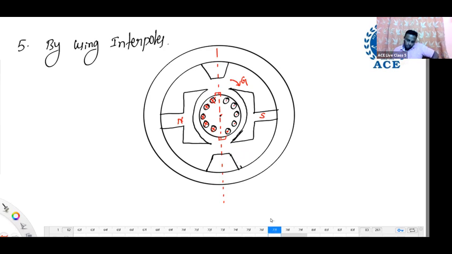Yes, very good. That is connected through commutator and brush only. Otherwise, how can we connect rotating armature with compensating winding?